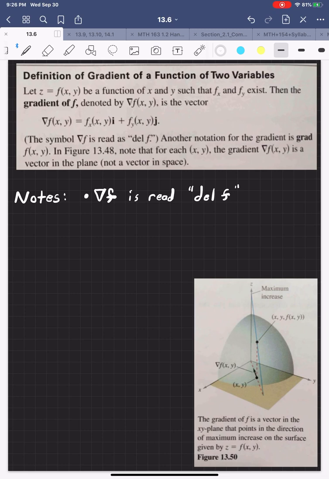I'm just going to go through some bullet points, and then I'll read the definition to you. Another quick bullet point is that the gradient is a vector in a plane. Not in space, in a plane.